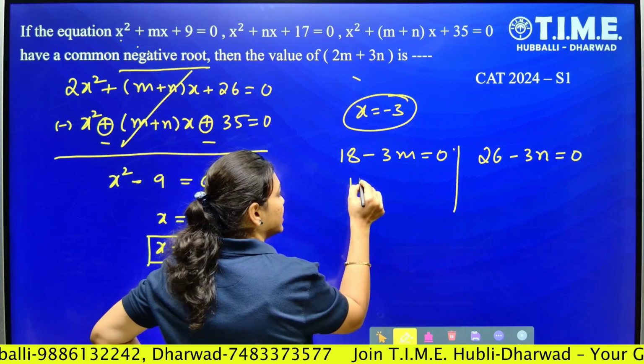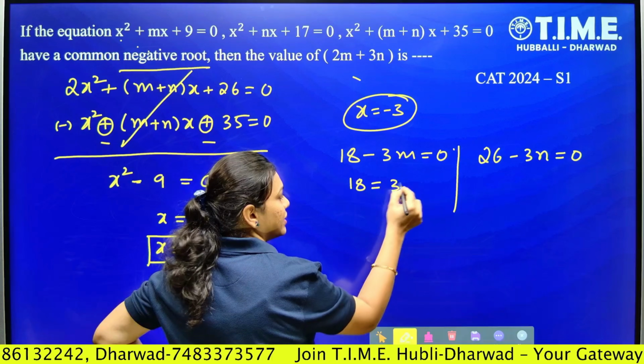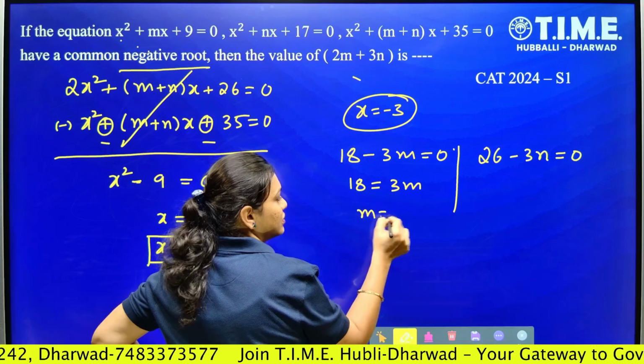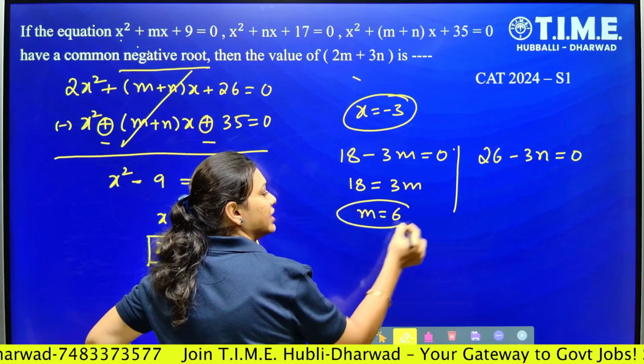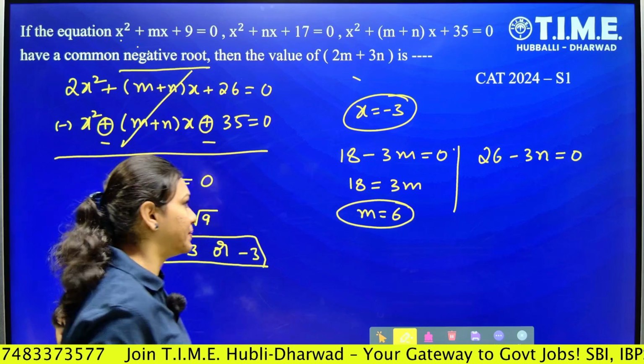If I simplify the first further, 18 is equal to 3m, m is equal to 6, since 3 goes into 18 six times. So m value we got as 6.